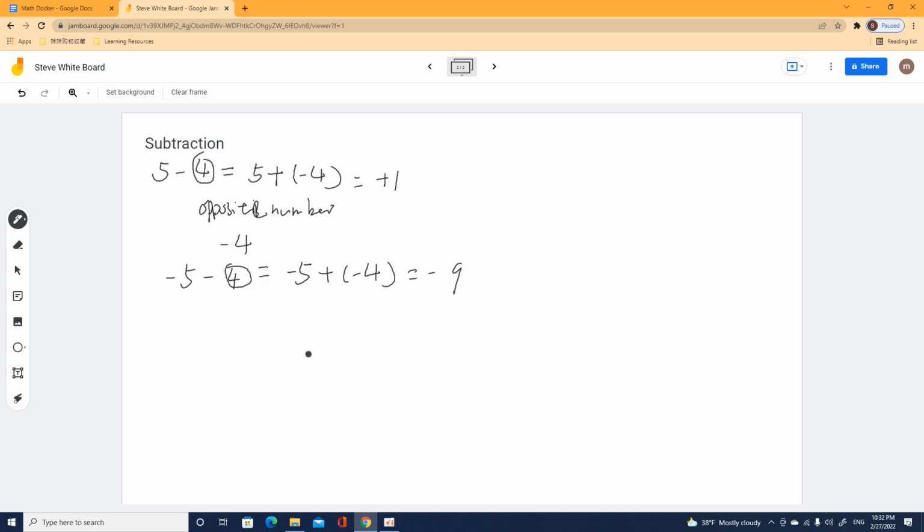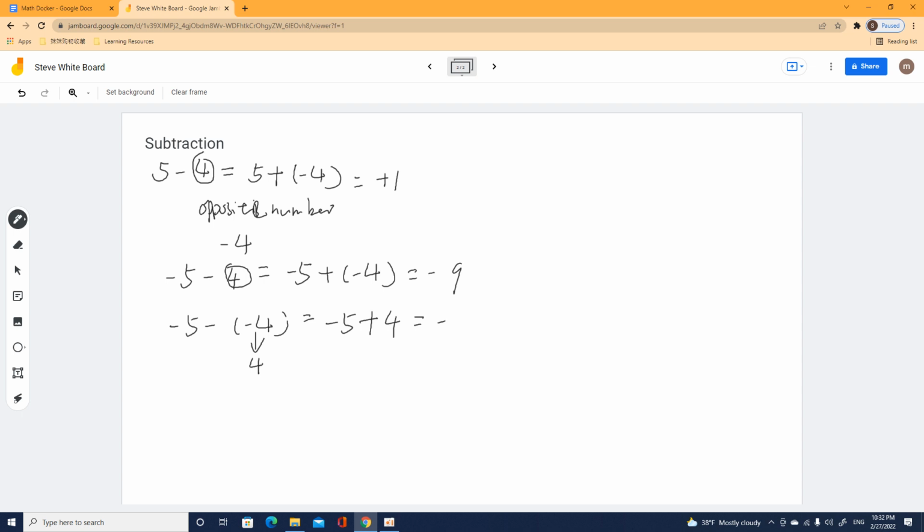Also, for example, in order to transform this subtraction to addition, you find that this number's absolute number is 4. So add this number's absolute number is 4.